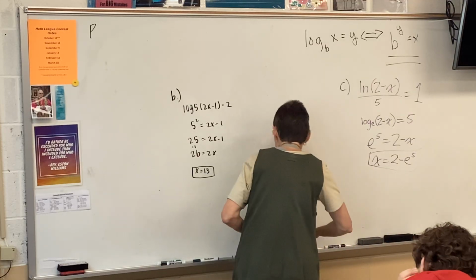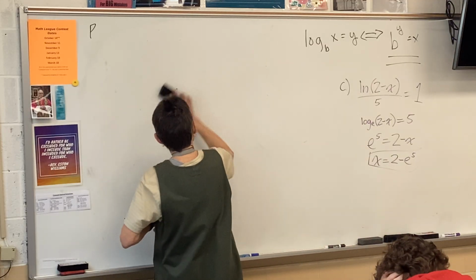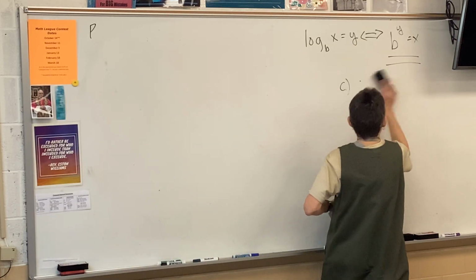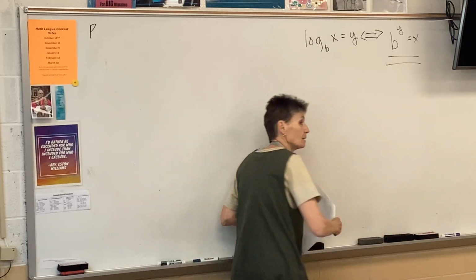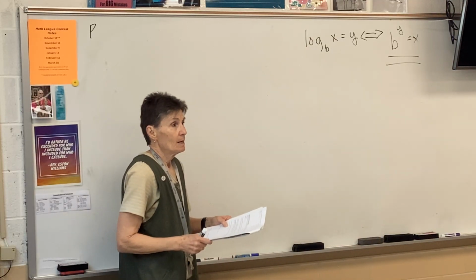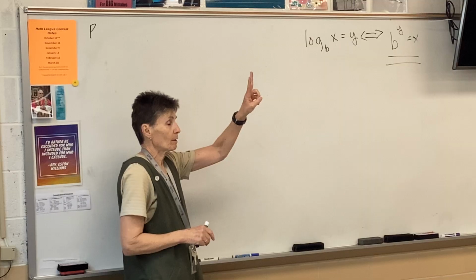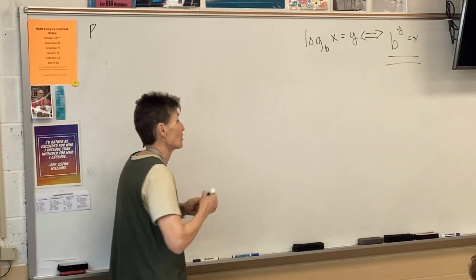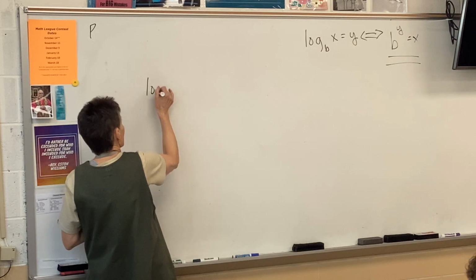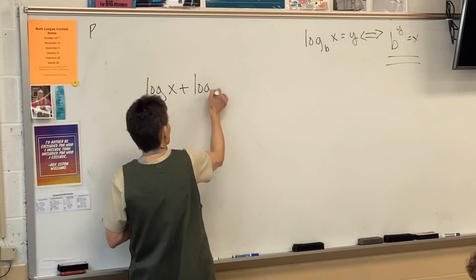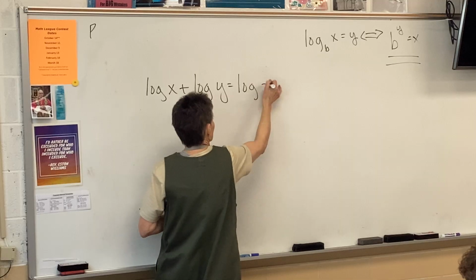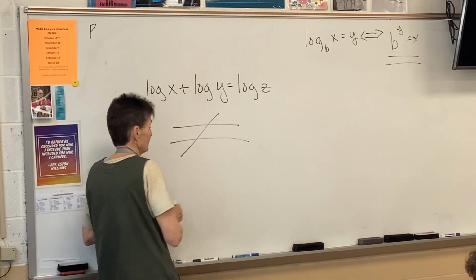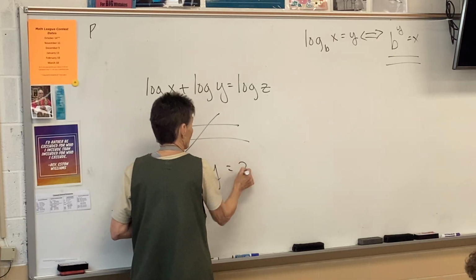Example 3. Now we're looking at equations that have more than one logarithm in them. Okay? Now, there are 2 things I want to point out, because Mr. Passwater does 2 things I want to point out before we get started. One is that this does not mean x plus y equals z.